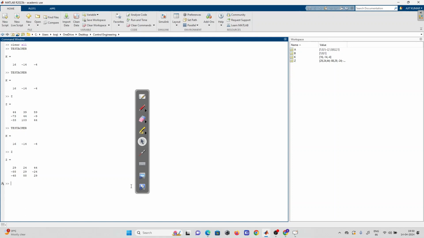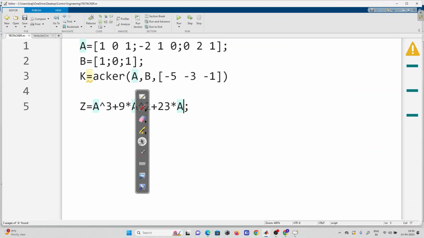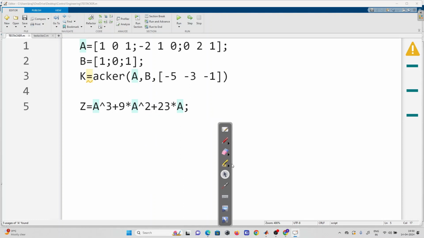Is it clear, this explanation of how we can get A cube, directly like this, plus the last element 15? Is it clear to all? Have all of you installed MATLAB in your system? For assignments it will be easier, you can verify the calculations.